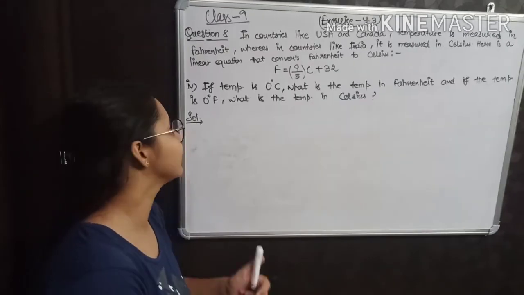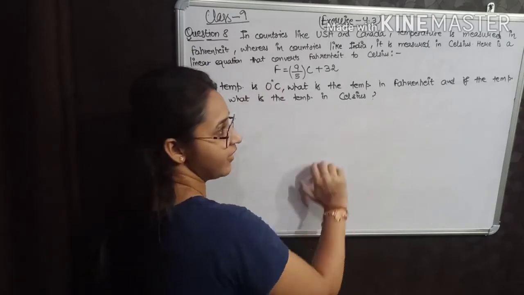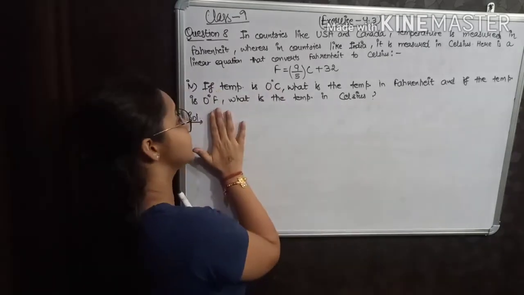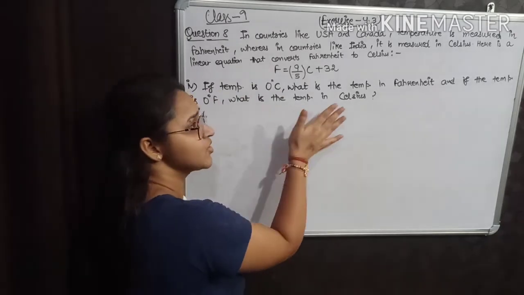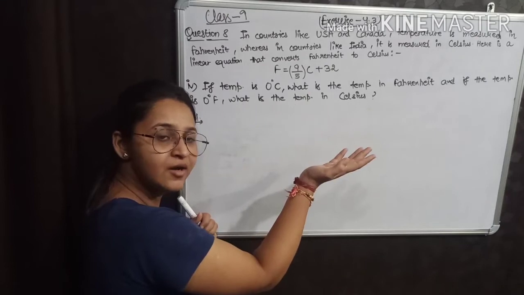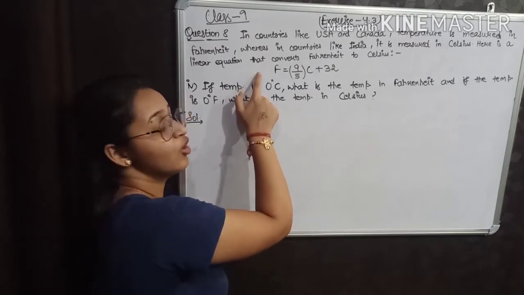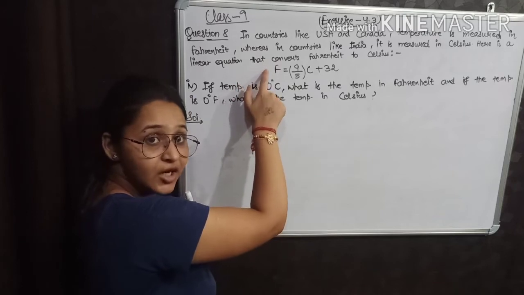Now the fourth part is, if the temperature is 0 degrees Celsius, what is the temperature in Fahrenheit? And if the temperature is 0 degrees Fahrenheit, what is the temperature in Celsius? It is already done in the first part, when we drew the graph of this linear equation.